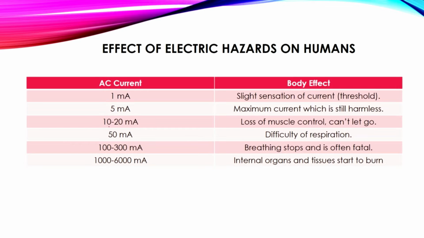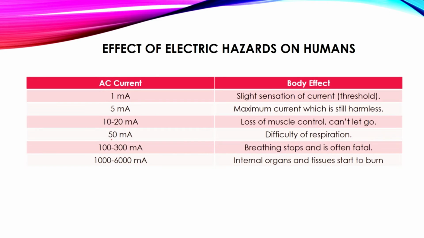From 10 to 20 milliampere, you will find loss of muscle control. In this case you cannot control your hand muscles, and you cannot let go of the electric circuit. The electricity captures you and you cannot leave it.